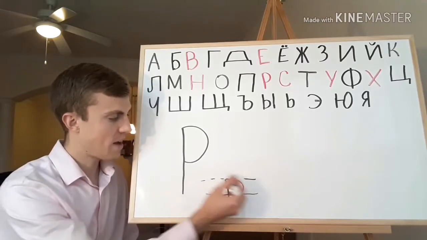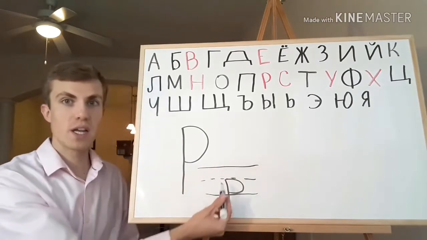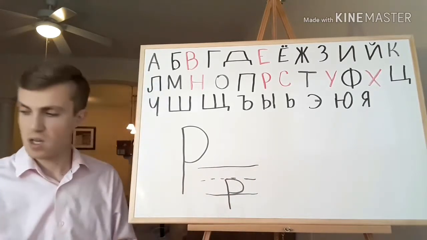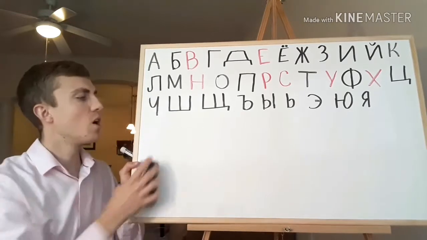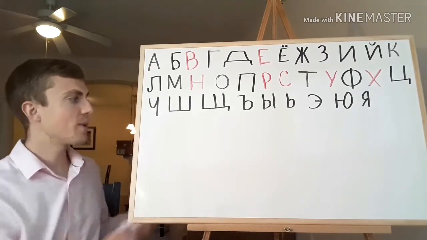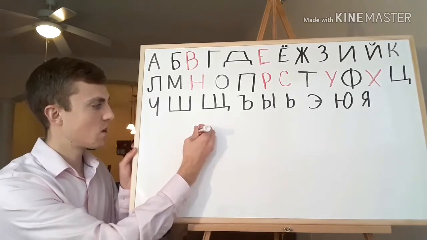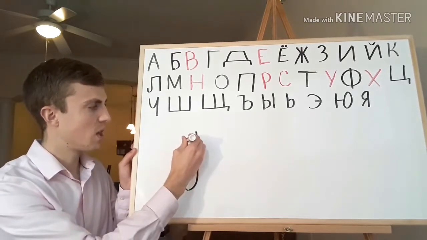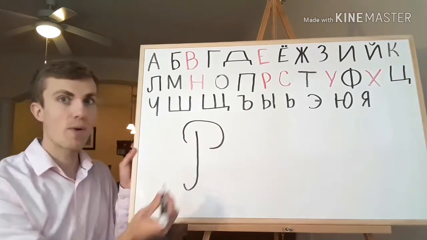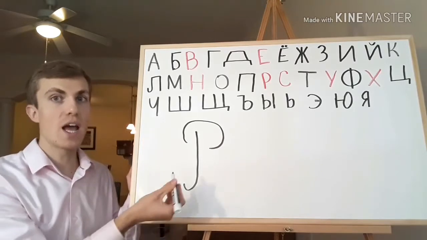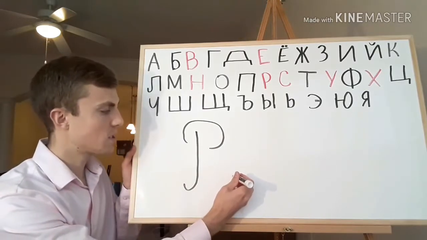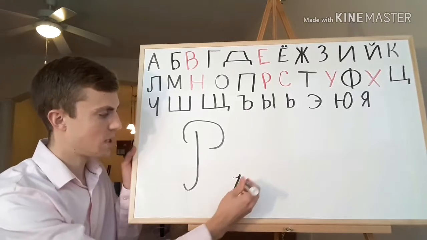So if you have the line like that, it's written lower, similar to the English one. So now the cursive versions are written like this. Draw a line with the tail and around like that. That is the capital R. And lowercase is like this.